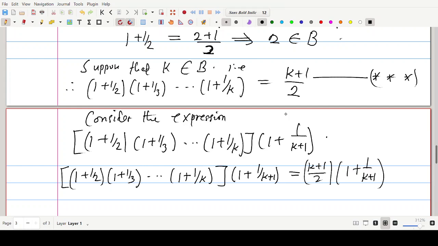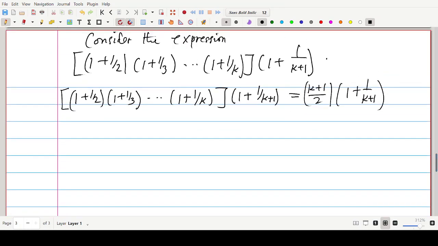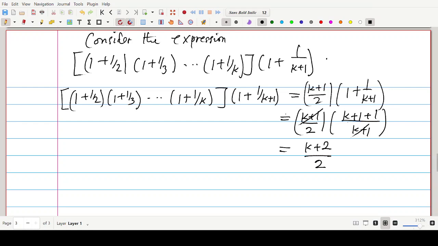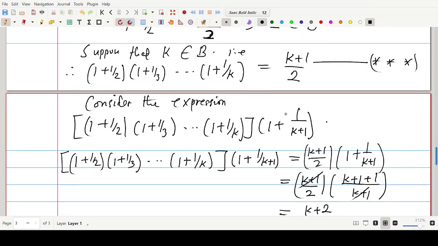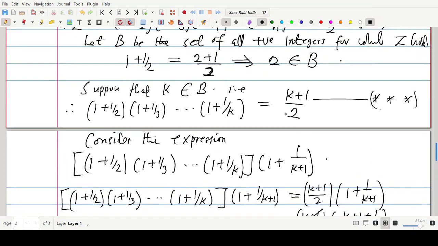Can you see that? Now, the right-hand side can be simplified as follows. We now have k plus 1 over 2 multiplied by k plus 1 over k plus 1. From here we cancel this out with this, and we are left with k plus 2 over 2. And that is the assertion for the positive integer k plus 1.